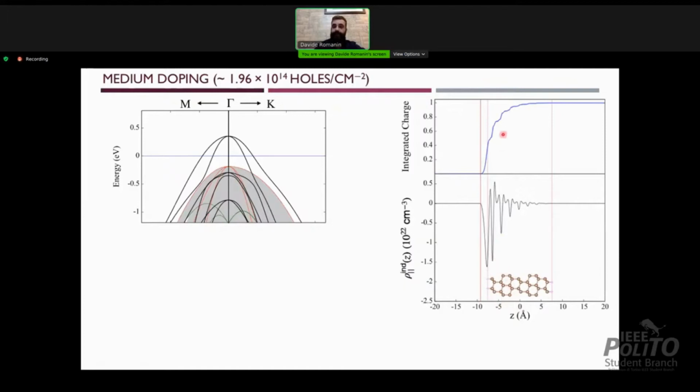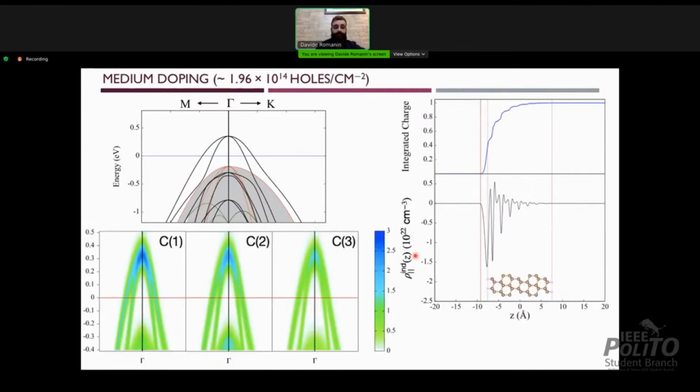layers, and 75% is reached around the 3rd, 4th carbon layer. Indeed, this time, the highest contribution is not clearly from a single atomic layer. Indeed, we have a sort of equivalent contribution from all the first three carbon layers, meaning that we are moving towards a perfect surface-like system.